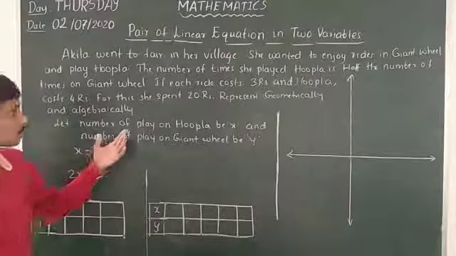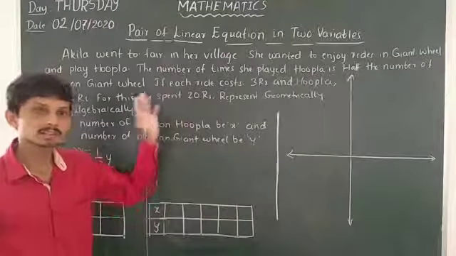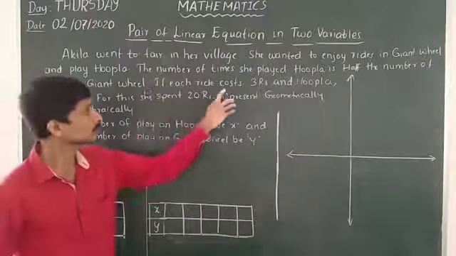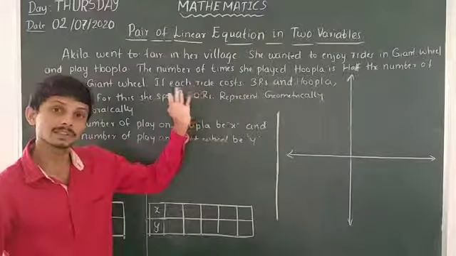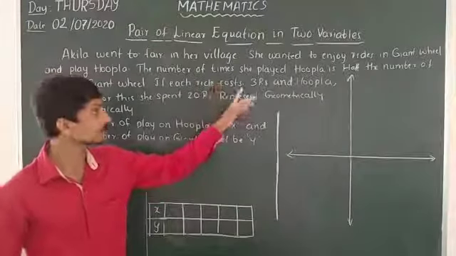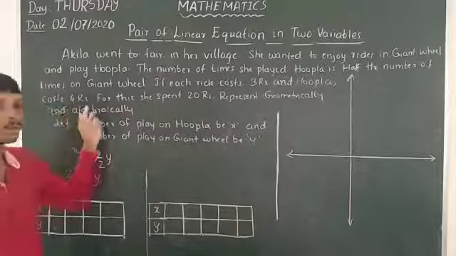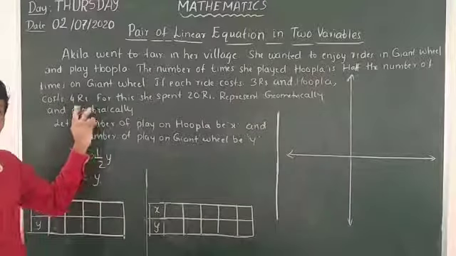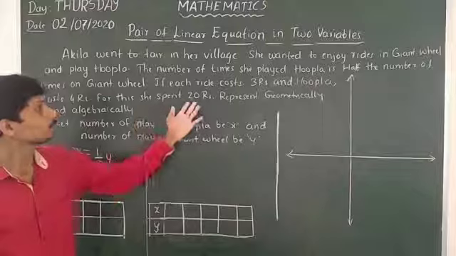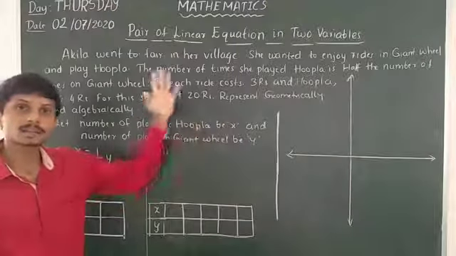Again, we move to the next statement. Each ride costs 3 rupees on the giant wheel and hoopla costs 4 rupees. She paid 20 rupees for all the rides.